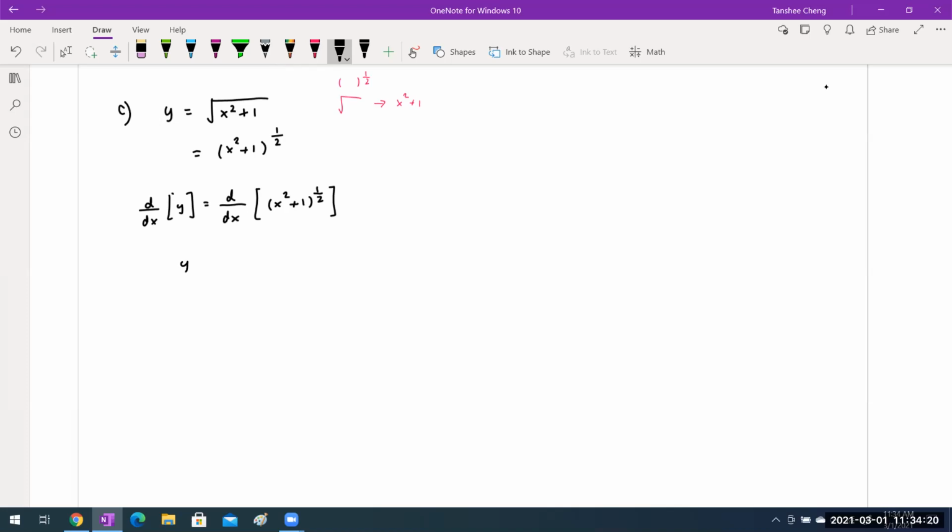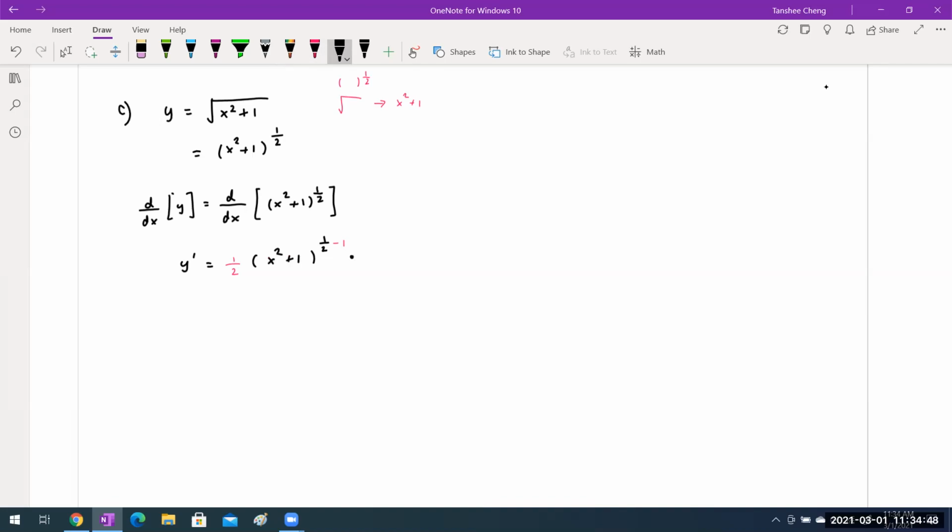So this will become y prime is equal to, now taking the derivative with respect to x on the right hand side, the power. First, we already know that the outer function is 1/2 power. So bring down the power, times 1 minus to the power. And remember the inside will be the same as the inner function, which is x squared plus 1.